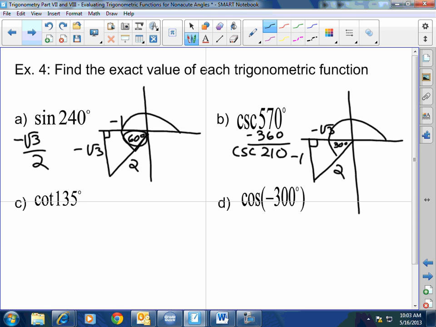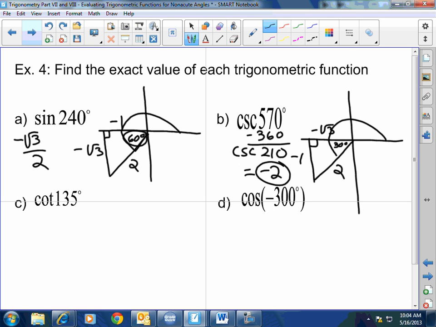You don't know how to do your triangle? You're out of luck for this. What's the cosecant, which is the reciprocal of sine, of 210? Guys, come on. Reciprocal of sine. It's going to be hypotenuse over opposite. So this is going to equal negative 2.